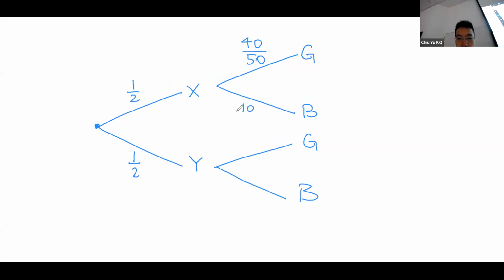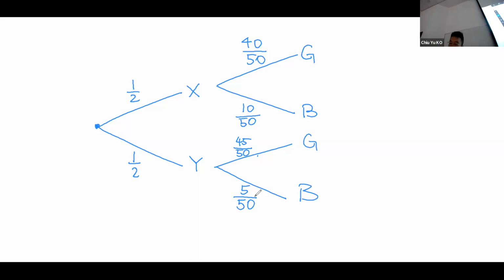This is 40 out of 50, and this is 10 out of 50, and this is 45 out of 50, and this is 5 out of 50, right? So that is the part that we have. This is the probability tree that we have.